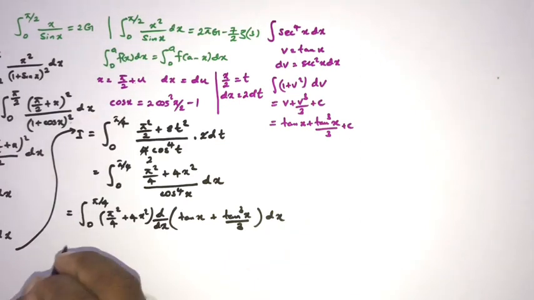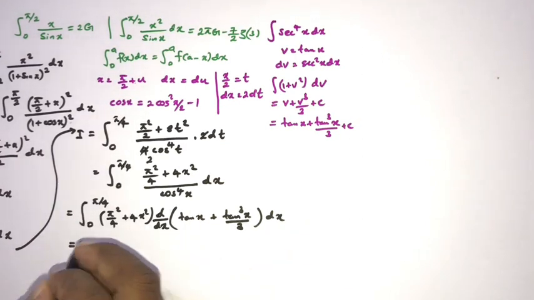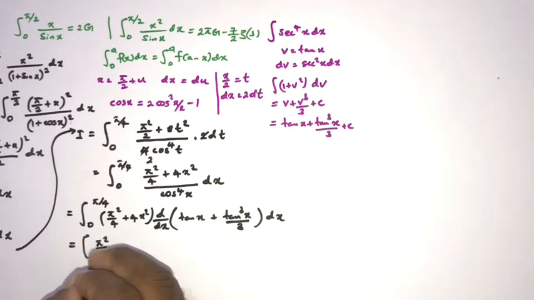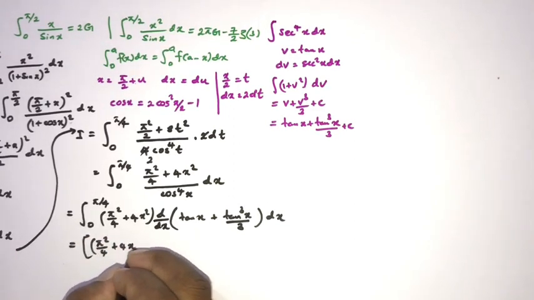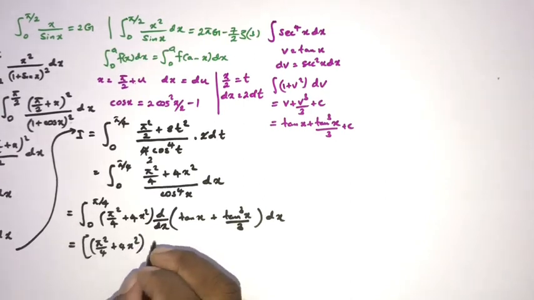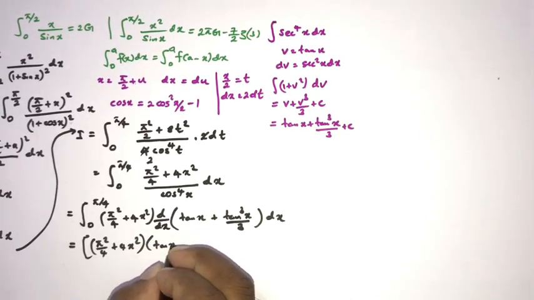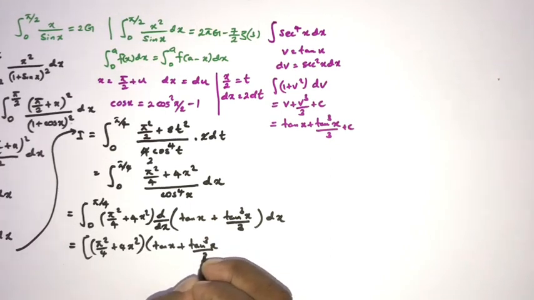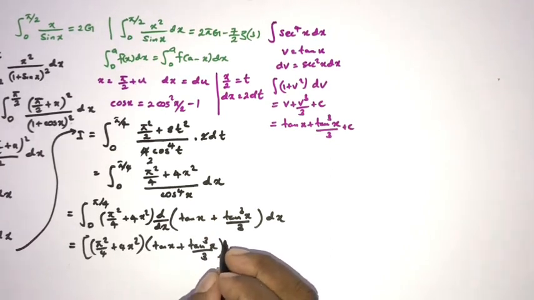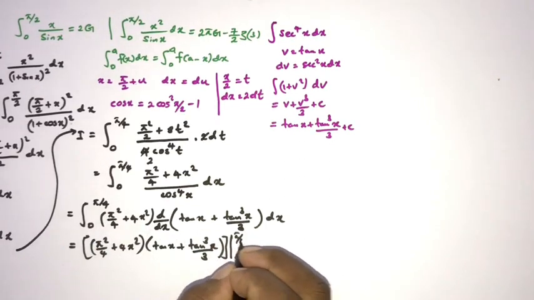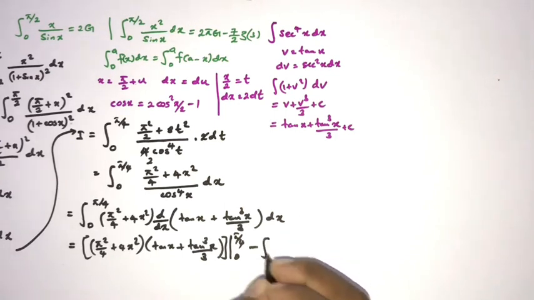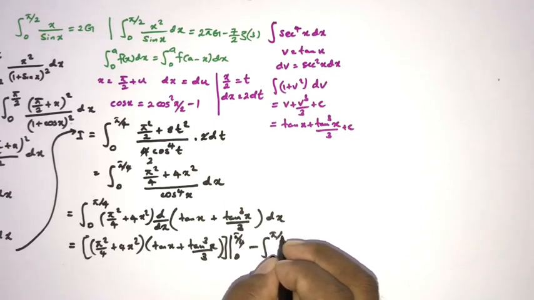Well, then we know the product of these two functions, so we have (5π²/4 plus 4) times x² times (tan x plus tan³x over 3) from 0 to π/4, then minus the integral from 0 to π/4.